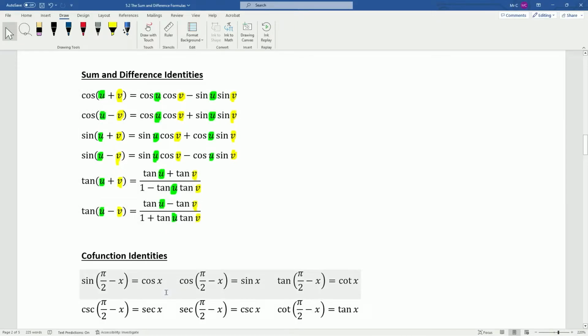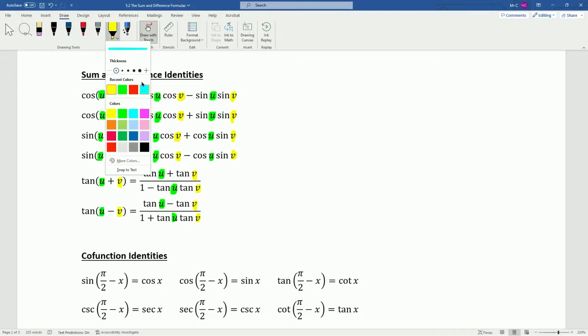And then you can try to think there's a sort of pattern to how these work. So the cosine formulas, cosine, cosine, sine, sine, the sign in the middle is opposite, right? So when I look at the sign in the middle for the cosine formula, it's always the opposite of whether I have a sum or a difference formula. And for sine, it's sine, cosine, cosine, sine. The sign in the middle is the same.